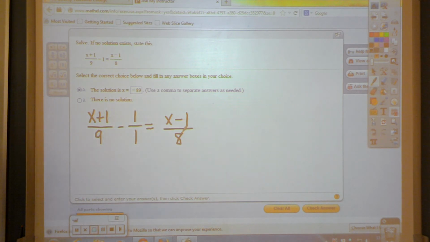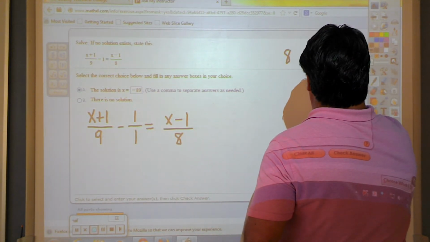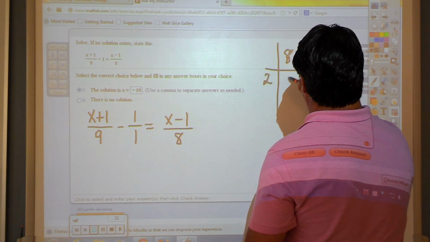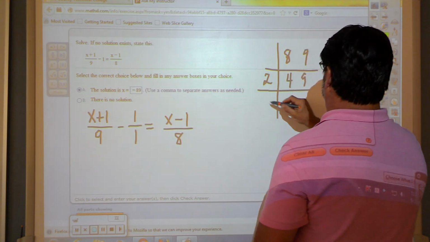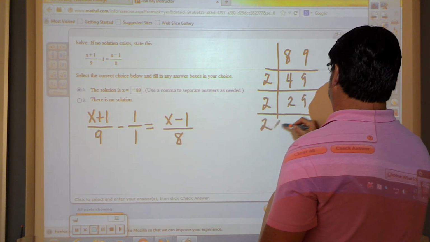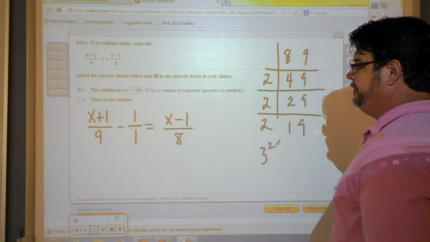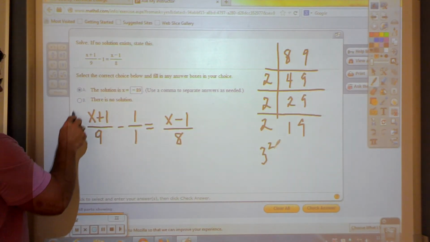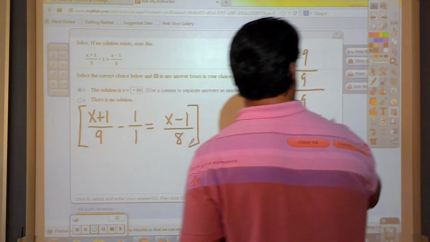Let's look and see, I want to make sure. 8 and 9, 2 that'd be 4 and 9, 2, 2 and 9, 2, 1 and 9, and then 3 squared. So yeah, it is 72. So I'm going to multiply by 72 over 1 all the way through.